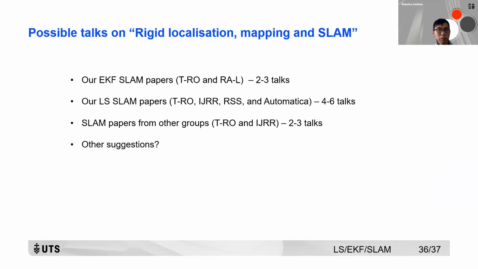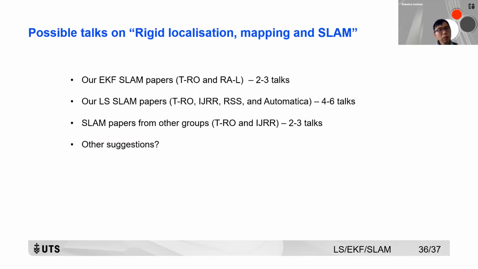So we really want to ask for your opinion on what you want to listen to for the talks. One possibility is talking about EKF SLAM. We have a TRO paper and an RAL paper. The second option is to talk about least-squares-based SLAM papers.